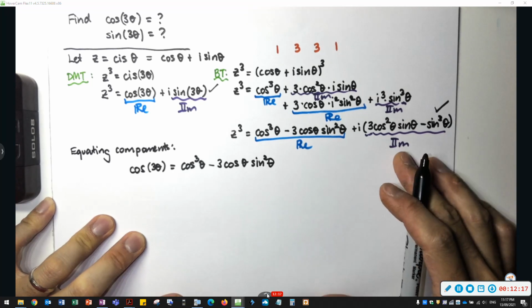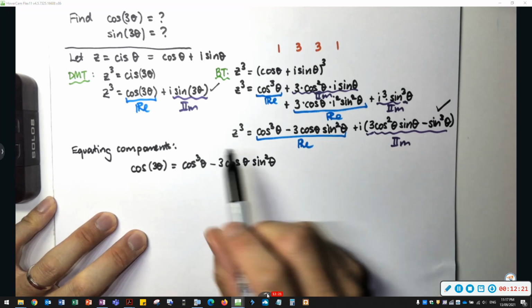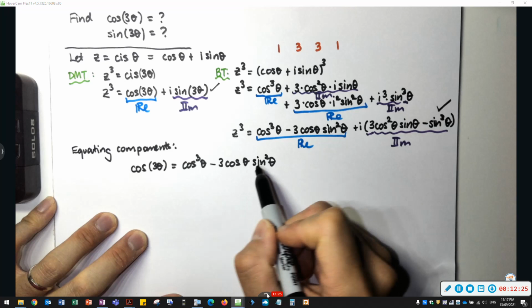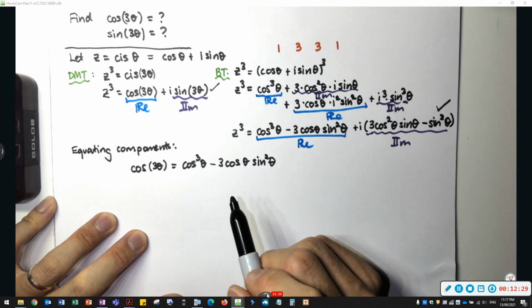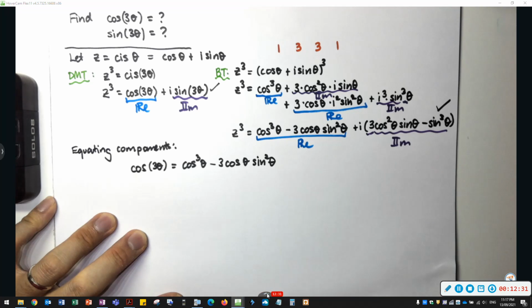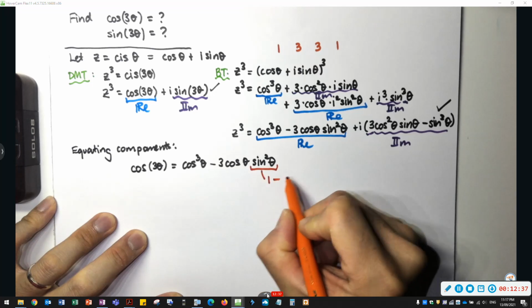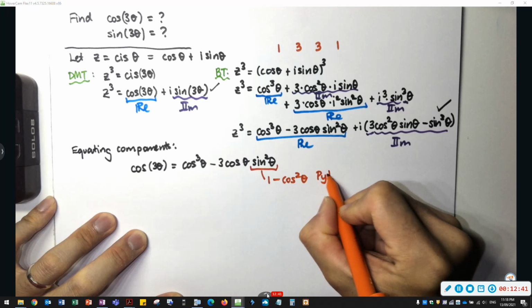I'm going to stop here just for one moment and ask you, is it possible to write this all in terms of cos theta? So I don't want the sine squared theta here. Yes. Okay, so remember, this is the same as 1 minus cos squared theta, which is the Pythagorean identity.